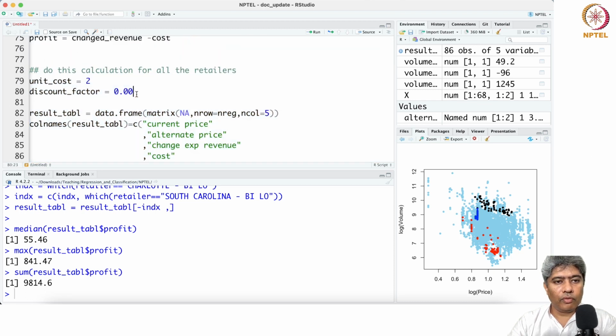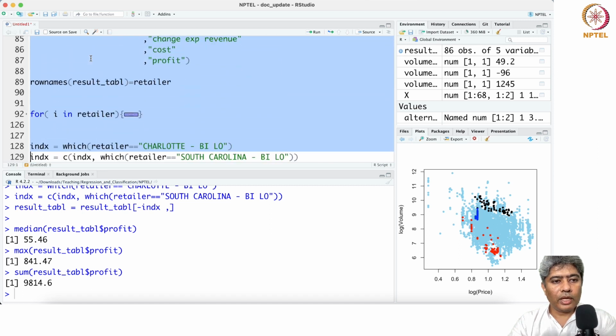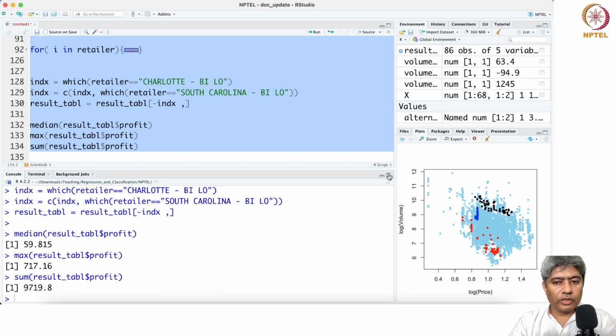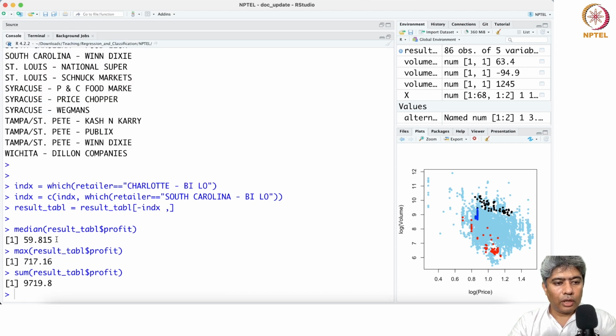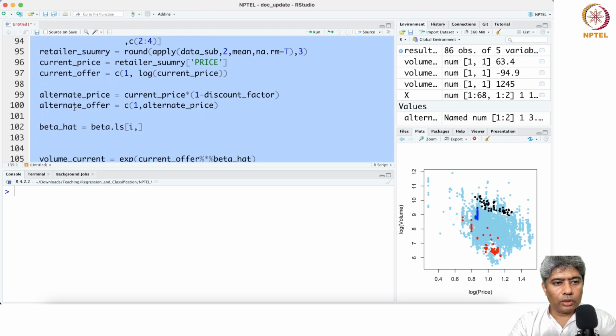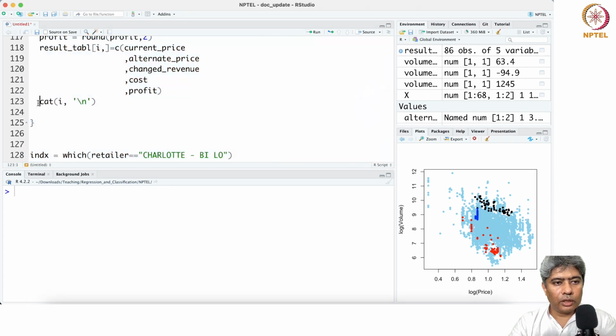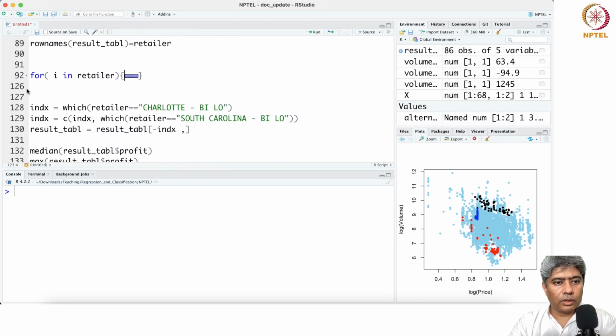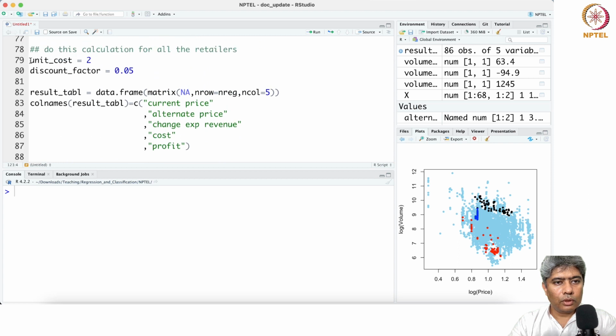Now if I give a 5% discount, then median profit sort of increased, 59,717. Actually, let me just do one thing. Let me not print this line, otherwise it's creating a lot of ruckus. So let me just create another thing.